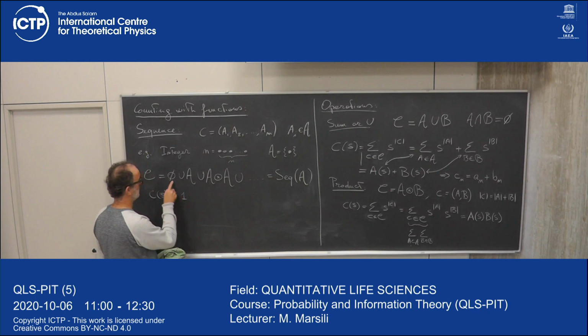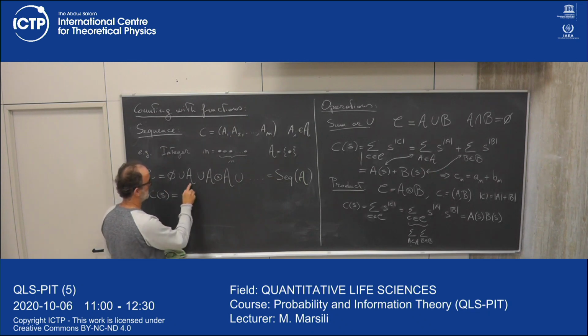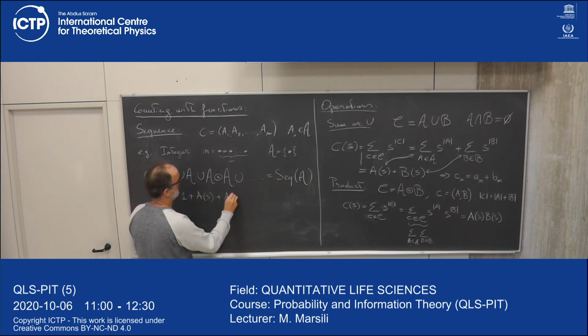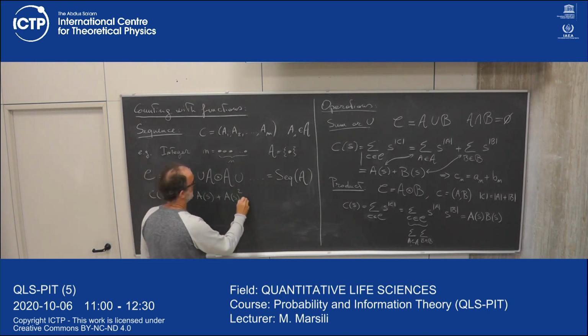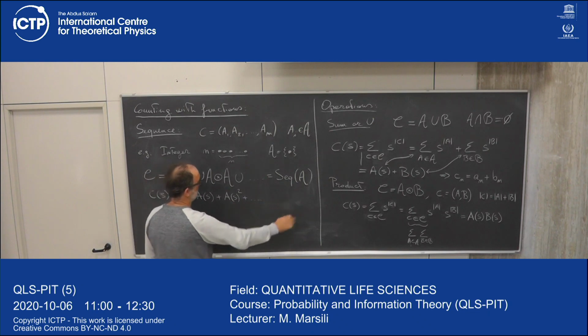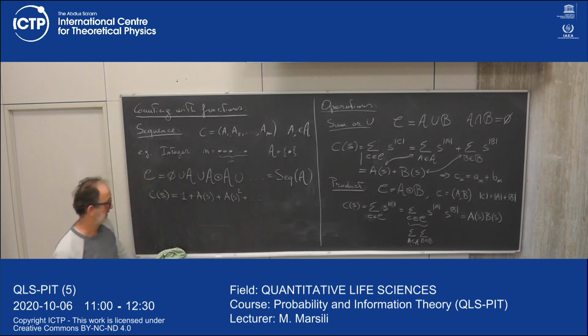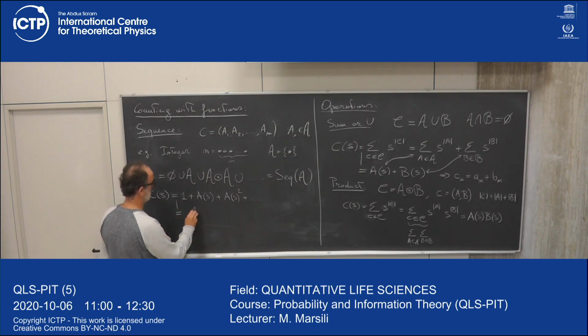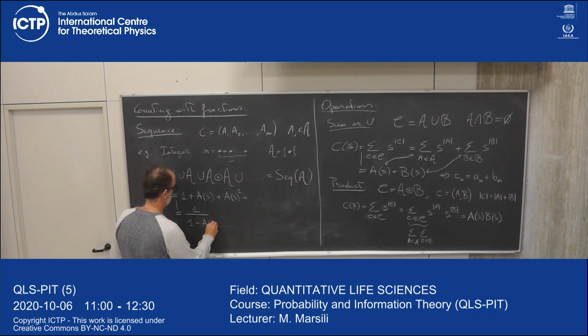The generating function of this is 1, the generating function of this is A of S, this one has generating function A of S squared, etc. You have a power expansion, a sum of all powers of the generating function A. You can sum this as a geometric series, and this gives you 1 divided by 1 minus A of S.